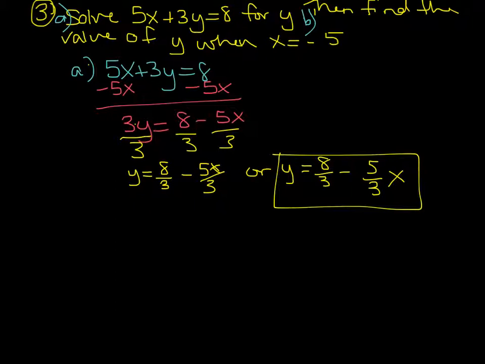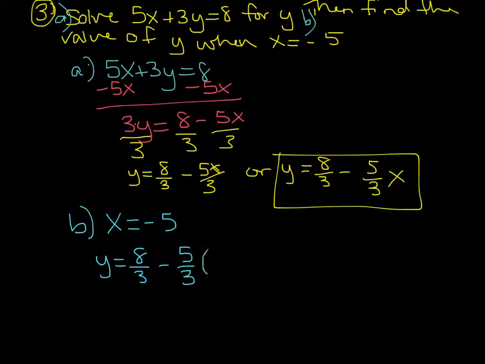So then my next part of the problem, I want to find the value of y when x equals negative 5. So I'm going to substitute negative 5 in for that x. And there's a few ways to deal with these fractions. I believe, in my opinion, the easiest way to do it is to write it as negative 5 over 1 and multiply it across.